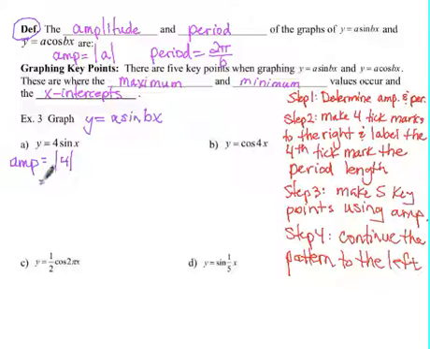So it's the absolute value of 4, which is 4. Amplitude is half the distance from the maximum to the minimum value. So distance is non-negative. The period length is 2 pi divided by b. Well, b is the number in front of x. It's y equals a sine bx. So if there's no number in front of x, it's understood to be a 1.